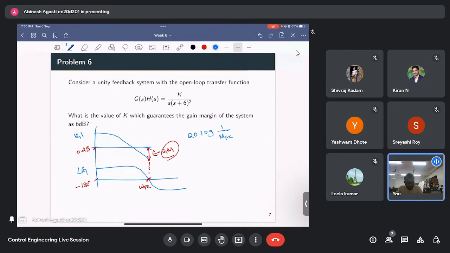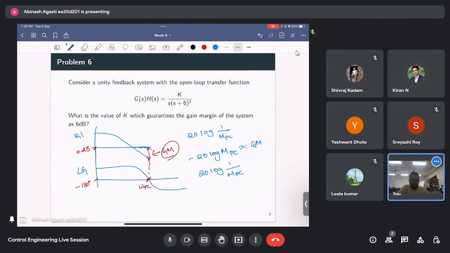So when I take 20 log MPC, this will be some negative quantity. So by convention, we define the gain margin as minus 20 log MPC. So that is 20 log 1 by MPC, where MPC is the magnitude of the transfer function at the phase crossover frequency. Okay, is that clear to everyone?